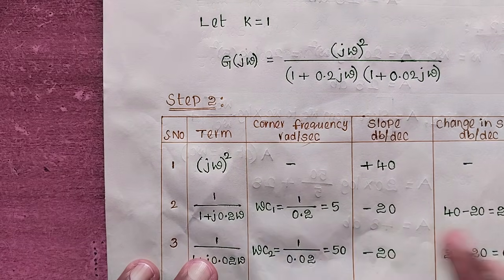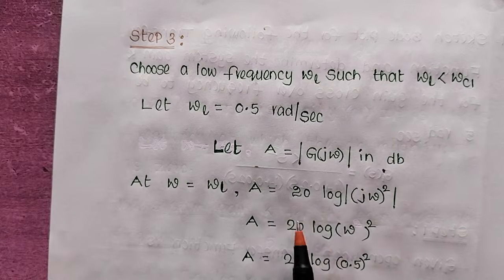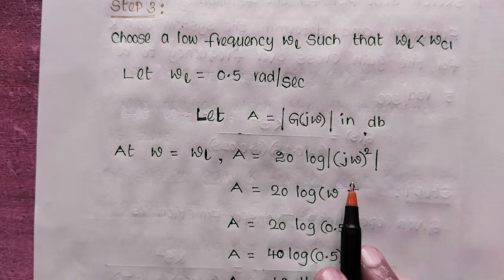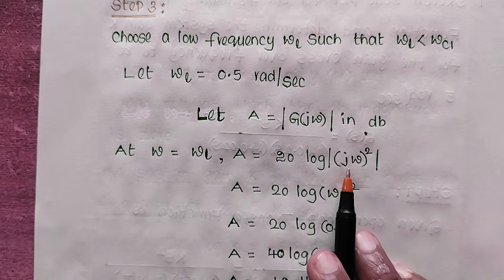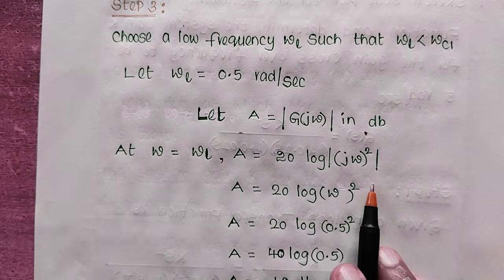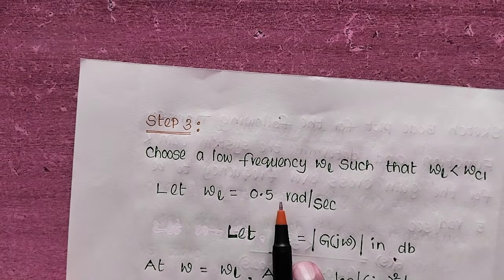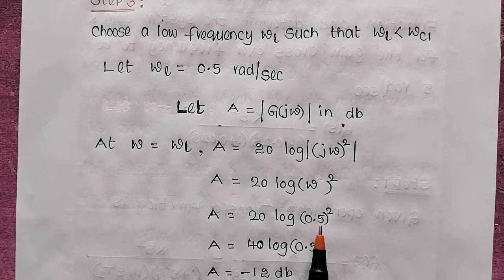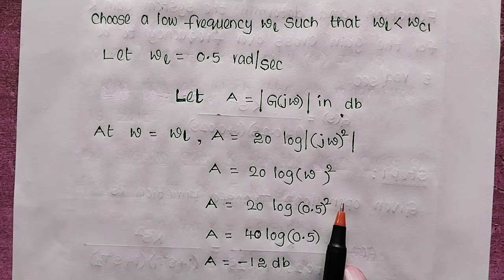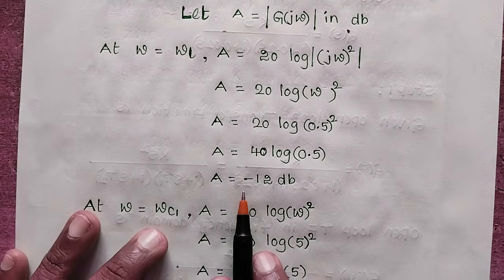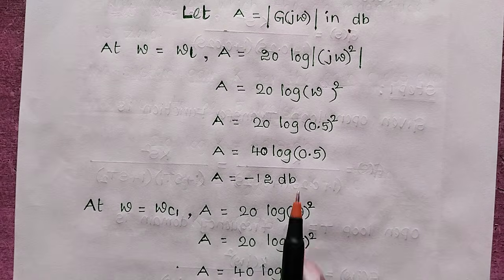So that's why we take only that term, 20 log of j omega square. If you take only the magnitude, remove the j, so it becomes omega square. So 20 log omega square, where omega L is 0.5. Replace omega as 0.5, so 20 log 0.5 square. This becomes 40 log 0.5, which is equal to minus 12 decibels.